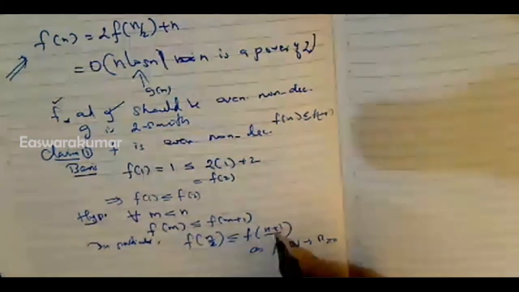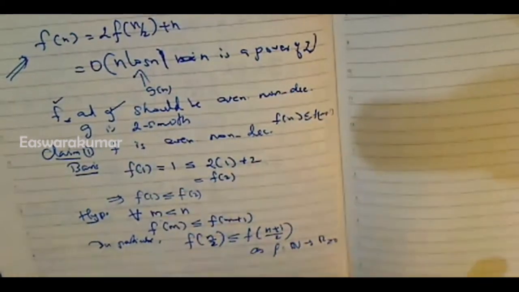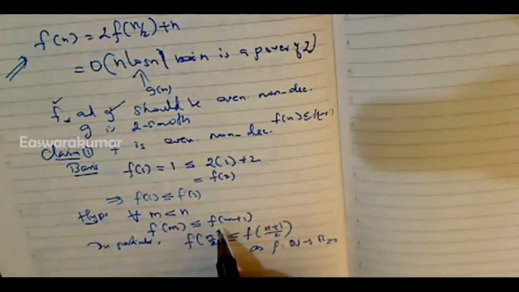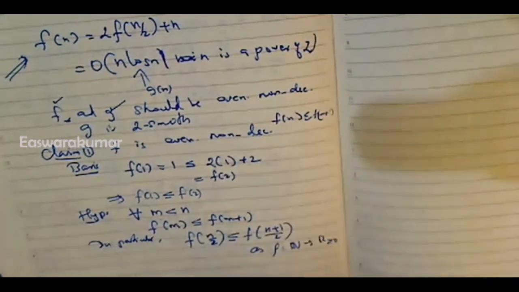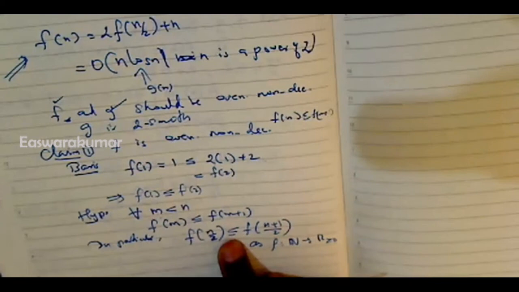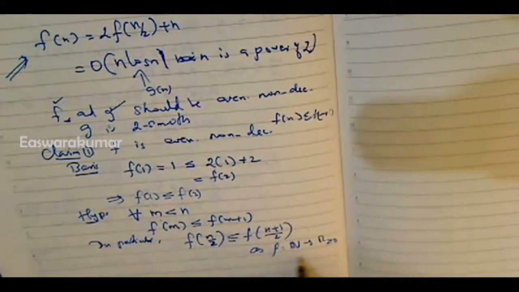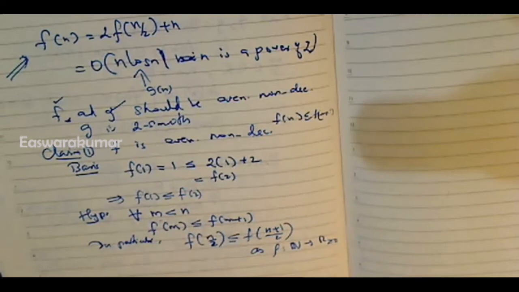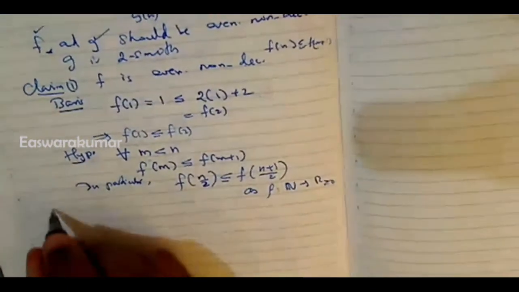If it is not an integer, it goes to the next natural number. If it's the next natural number, automatically that holds good, no problem. If it is not, then this value and this value will be the same, so the equal to condition is also there. So we can conclude that for this particular case also that holds good. Okay, now based on that, we can see the proof.